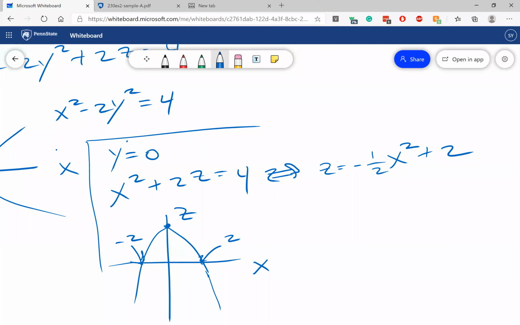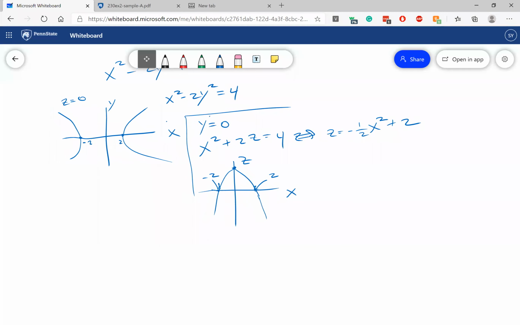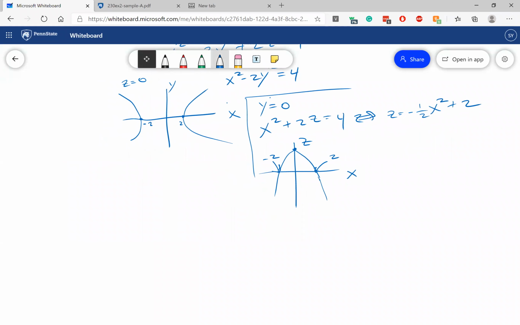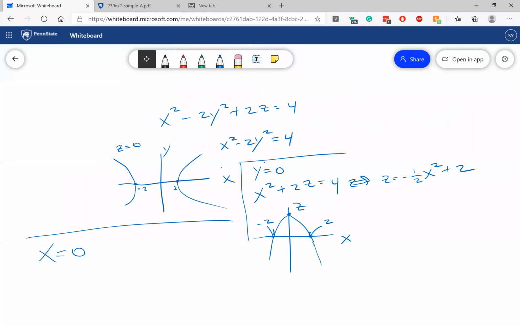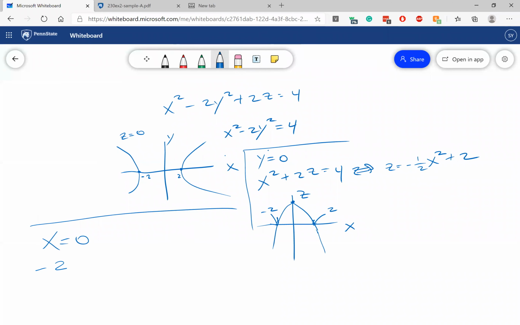Okay. So now let's do the x one. So here is x is equal to 0. So then we get -y squared plus 2z is equal to 4.